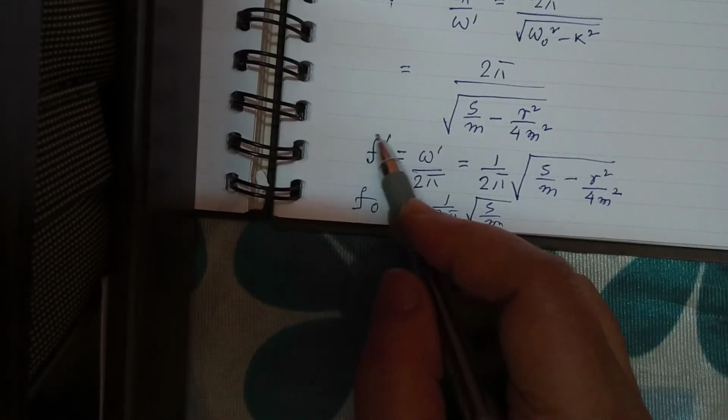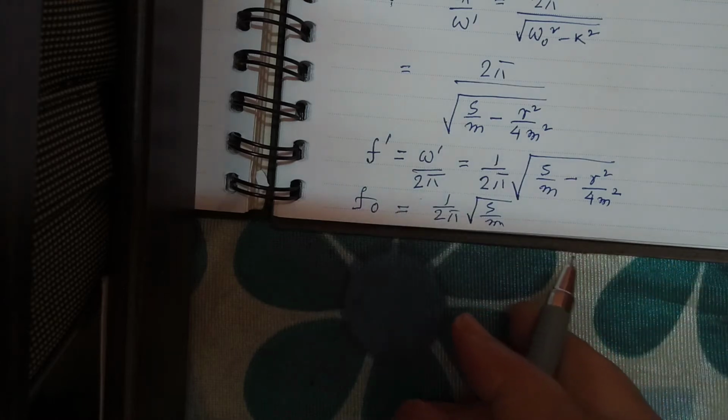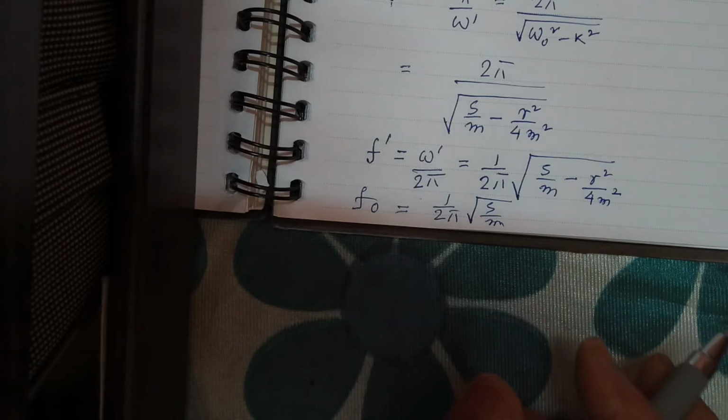And what is your natural frequency F0? If you remember, for an undamped motion, it is 1 by 2 pi square root of S by M. So what is your observation? That the frequency of damped oscillation is less than the natural frequency of vibration, isn't it? So that is what we observe over here.